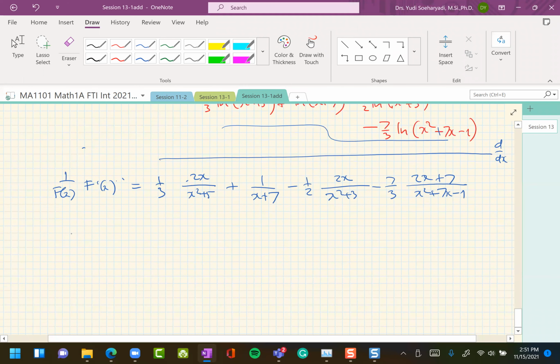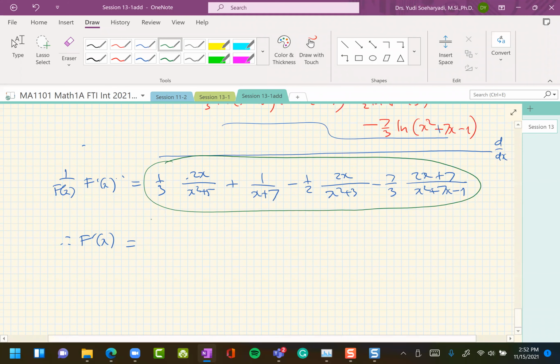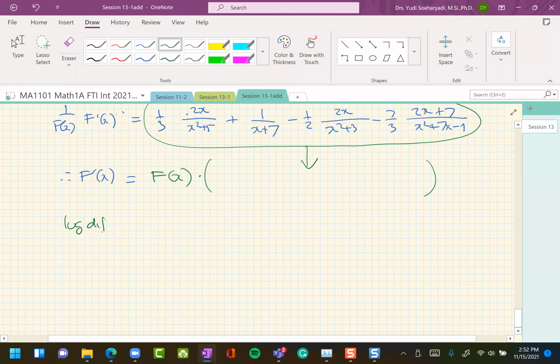Okay, so you get now f prime of x equals 1 times f of x. Okay, this kind of trick is called log diff, logarithmic differentiation.